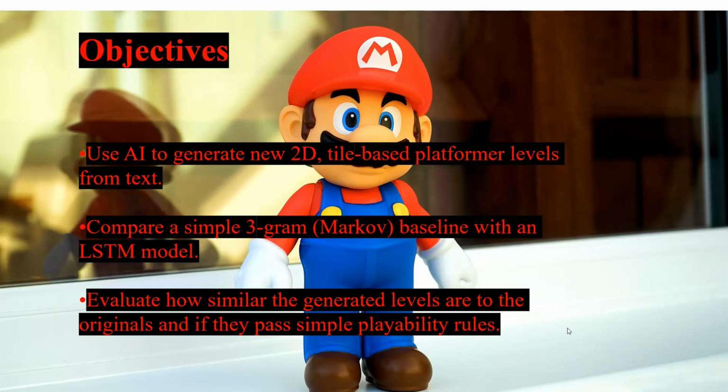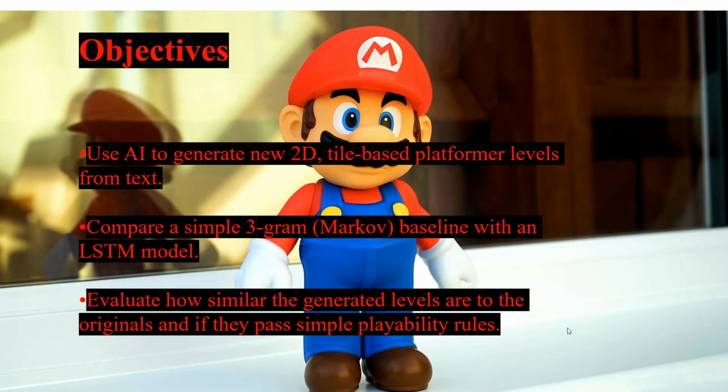The main objectives of this project are first to use AI to generate new two-dimensional tile-based platformer levels from text input. Second, to compare a simple baseline model, which is a 3-gram or Markov model, with a more powerful LSTM neural network.